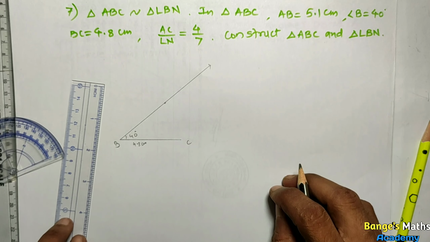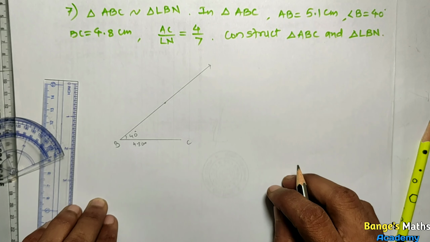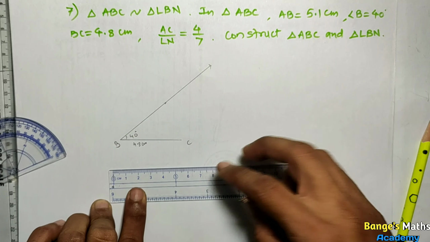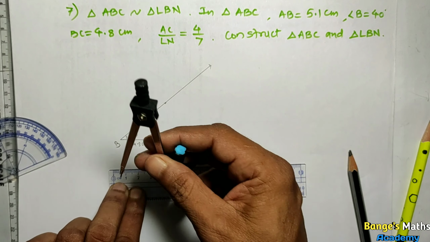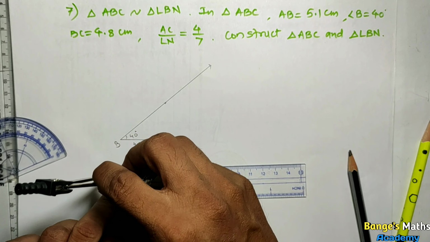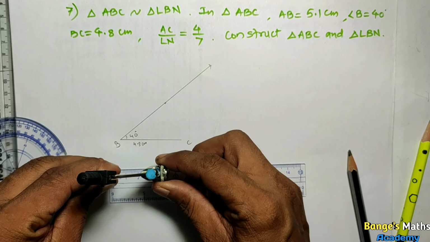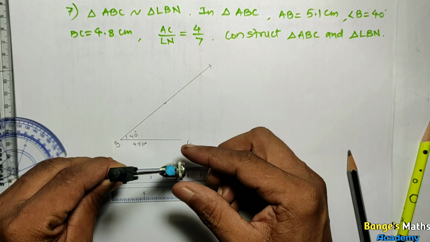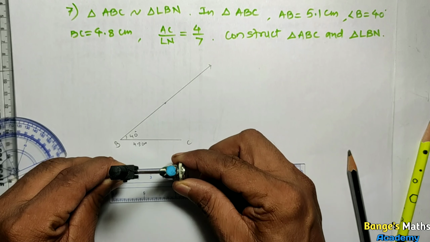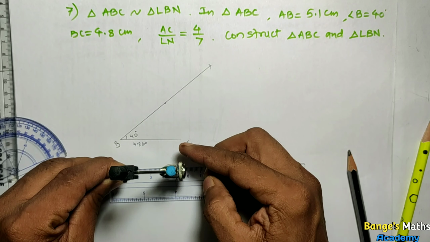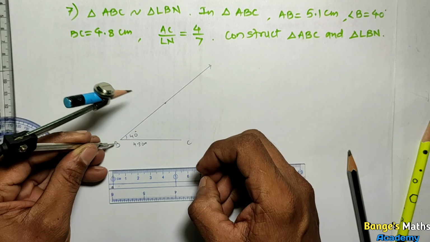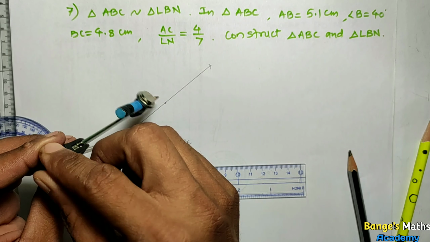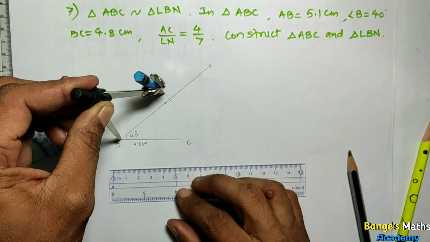Then AB is given 5.1 centimeter. Take distance in your compass 5.1 centimeter. Put compass on point B and draw intersecting arc on this ray.